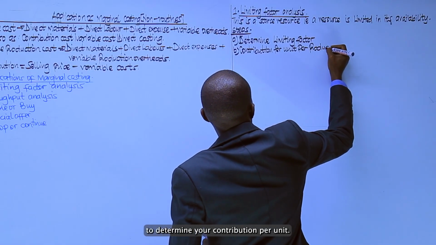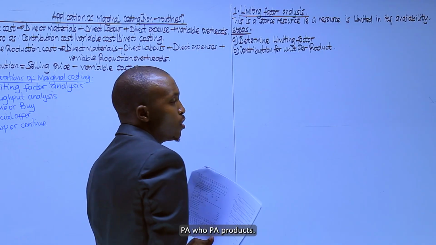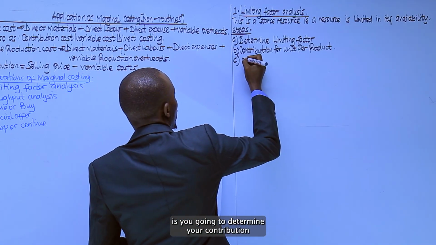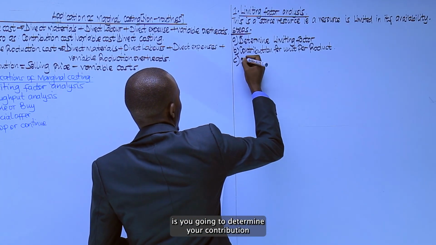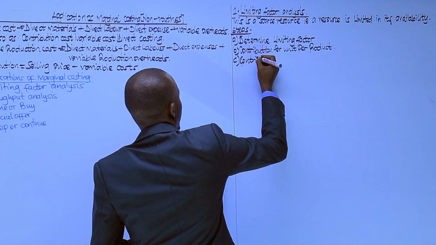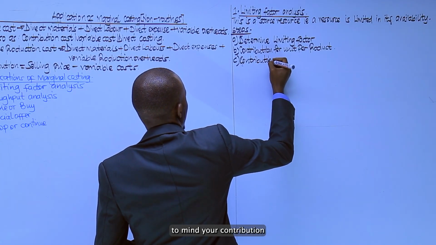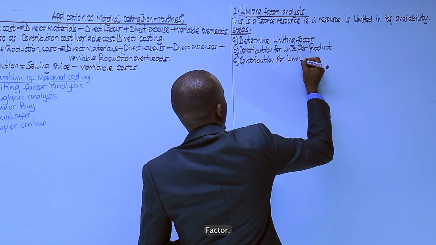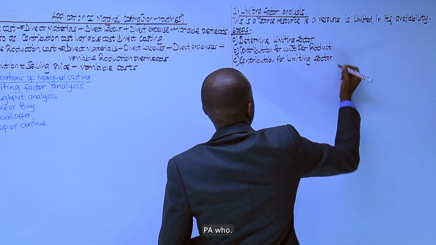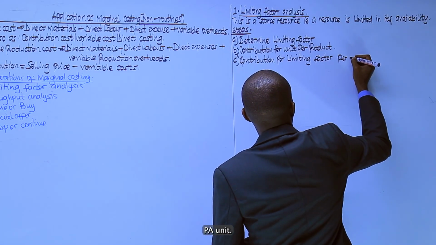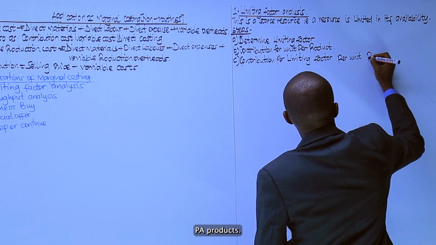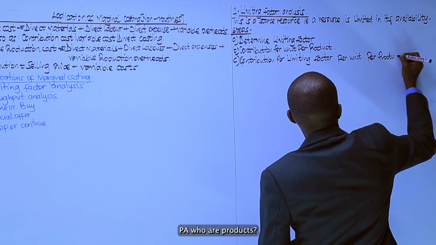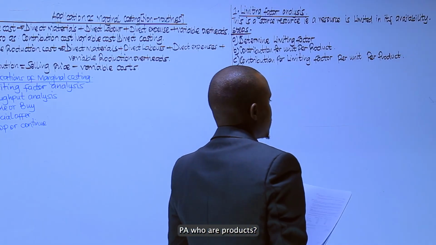Then you're going to determine your contribution per limiting factor, per unit, per product.